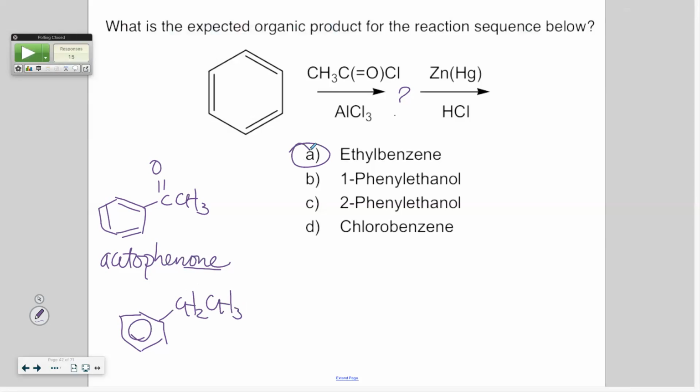What is the name of the first reaction? Acylation. The way you tell the difference is the carbonyl. This is considered an acyl group because it has a carbonyl on it. Who were the scientists? Friedel and Crafts. Acylation.